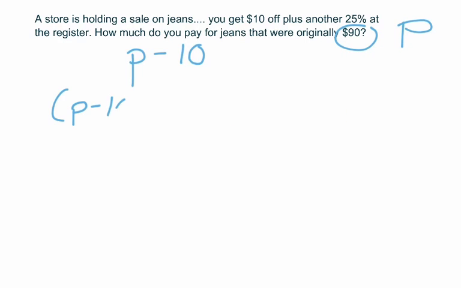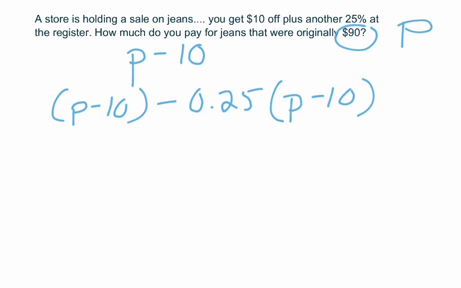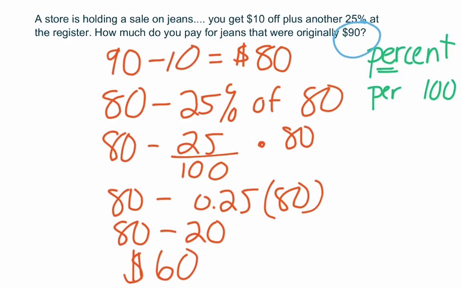So I'm going to do P minus 10 minus 25% of P minus 10. If you look back on the previous page, it's pretty much the same thing, only instead of 80, I have P minus 10, because I don't know what my price is. So P minus 10 minus 25% of P minus 10.